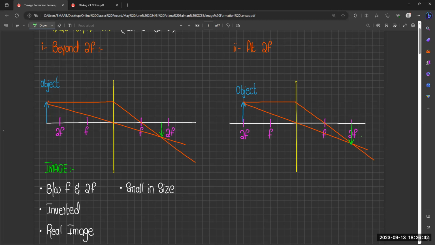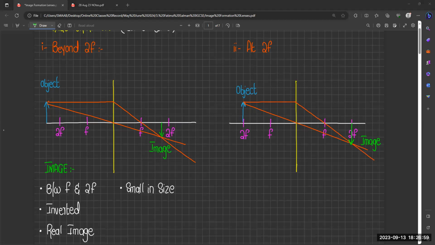This is your image. Basically, you can identify the size with the help of the number of boxes.